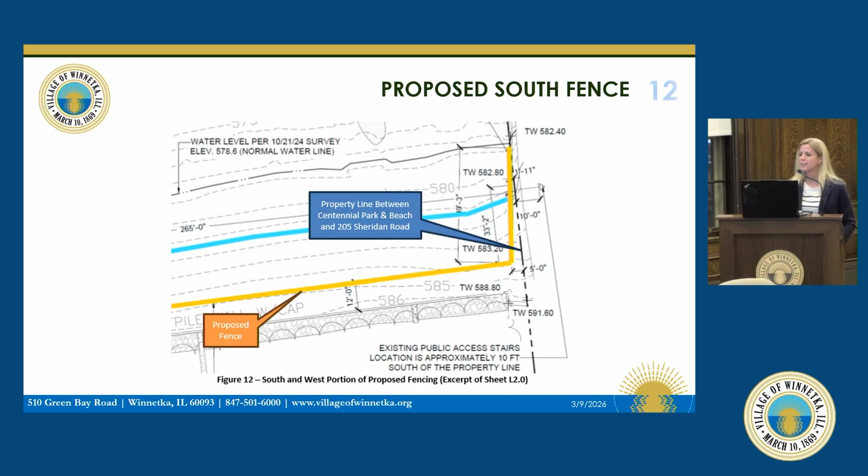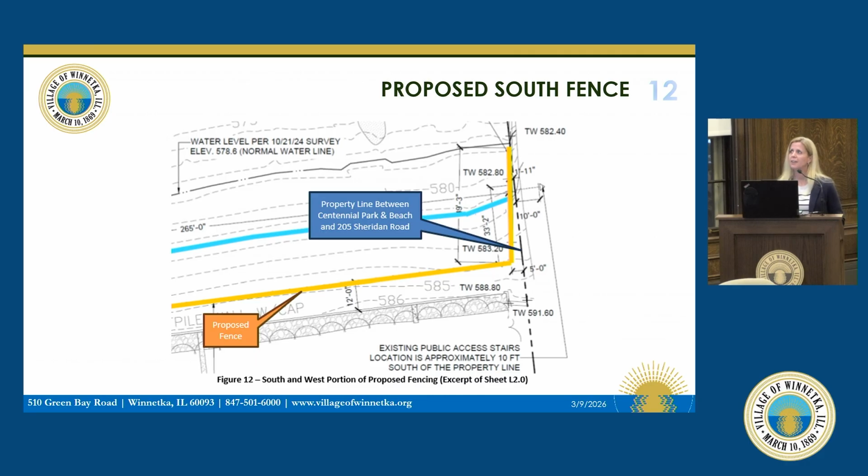The south fence would be 49 feet 3 inches, extending east to west. Again, approximately 20 feet would extend from the ordinary high water mark towards the lake. There would not be an access gate in this section of the fence. The access would all be restricted to that northwest corner.